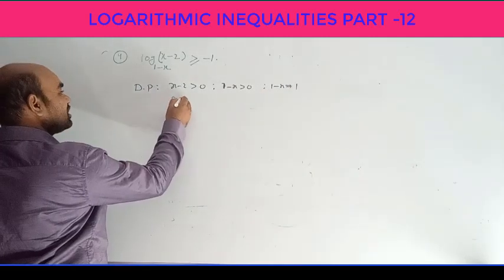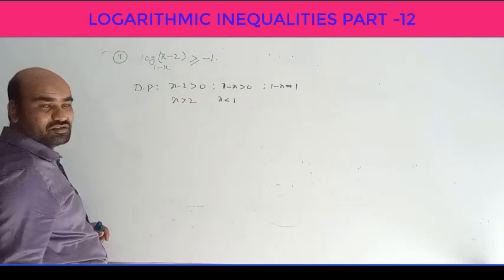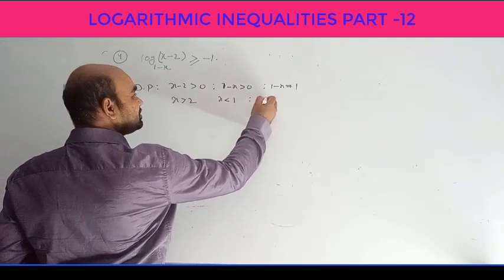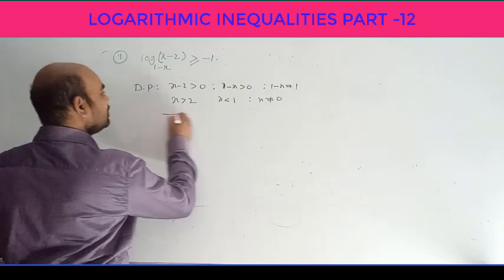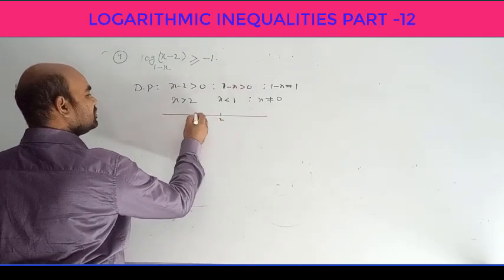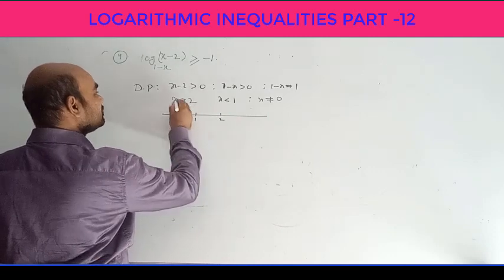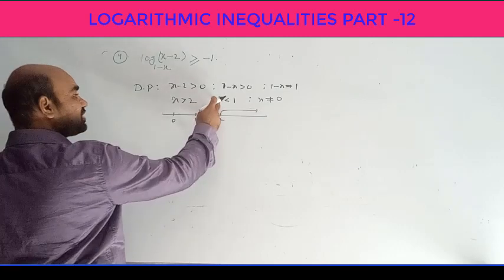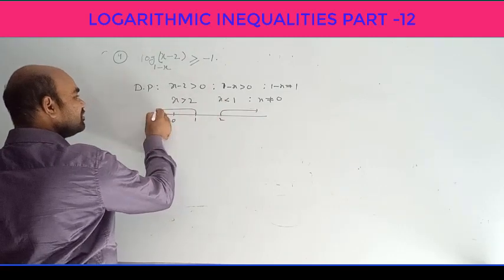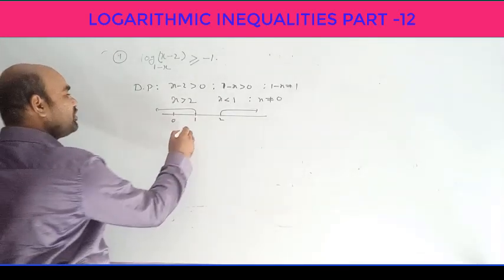Meaning x is greater than 2, x is less than 1, and x is not equal to 0. Here 2, here 1, here 0. This is saying x greater than 2. This is saying x less than 1. No common. So x belongs to empty.